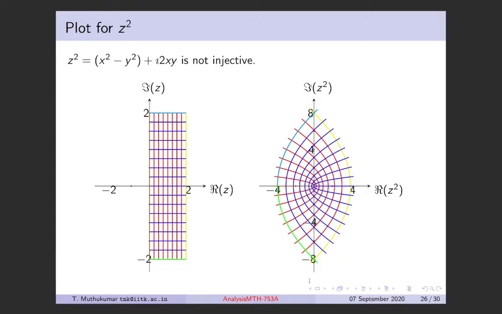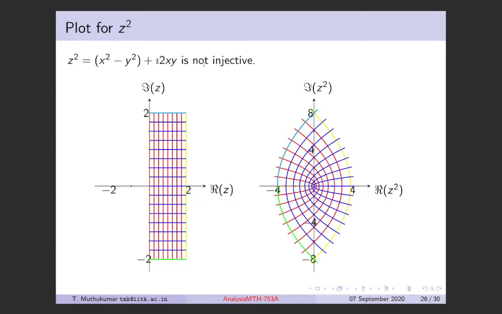So as an example, let's see how we visualize complex functions. Let's look at the function z square, whose real part is x square minus y square, and its imaginary part is 2xy. This function is not injective. You can see that, right?